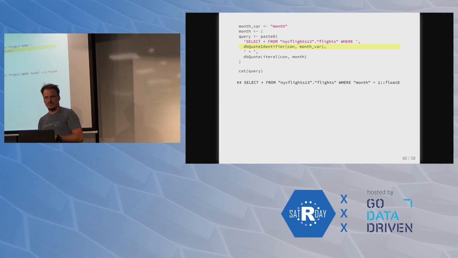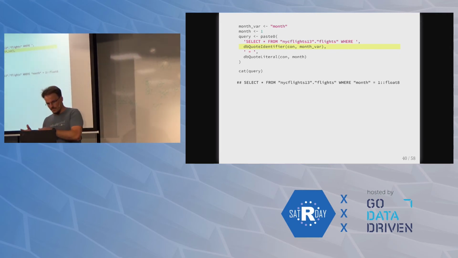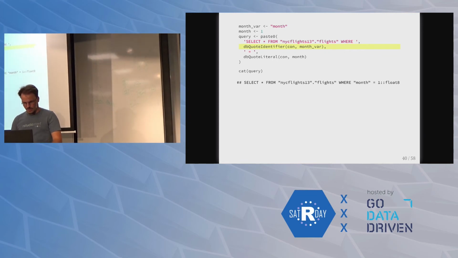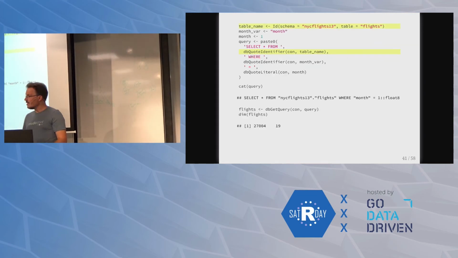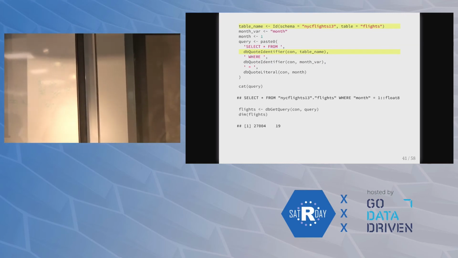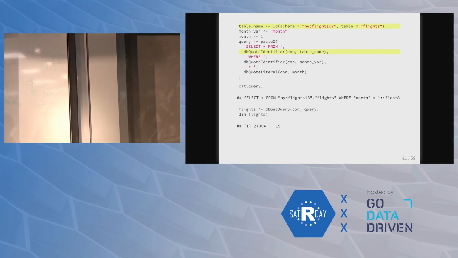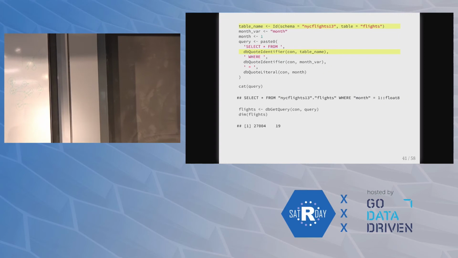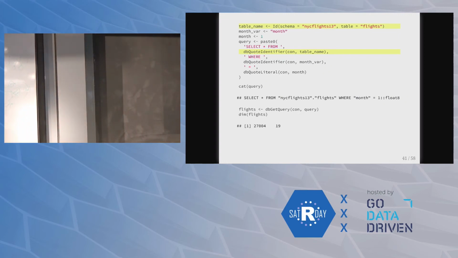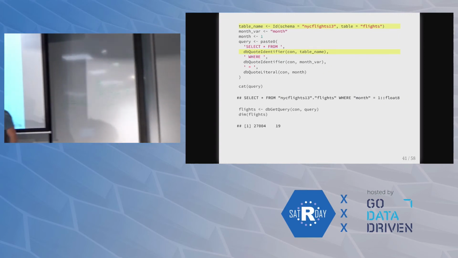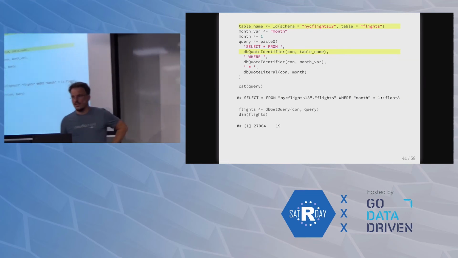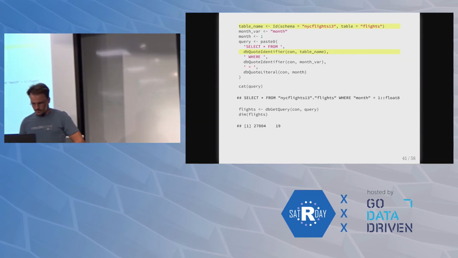So this is important to think about when your queries can be input from other users. Same with table names. Quoting also works for ID objects. Will give us this fully specified schema table name notation.